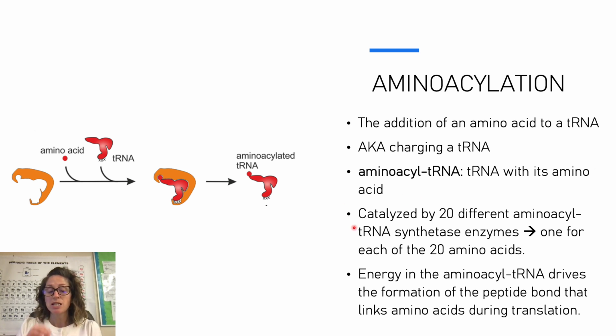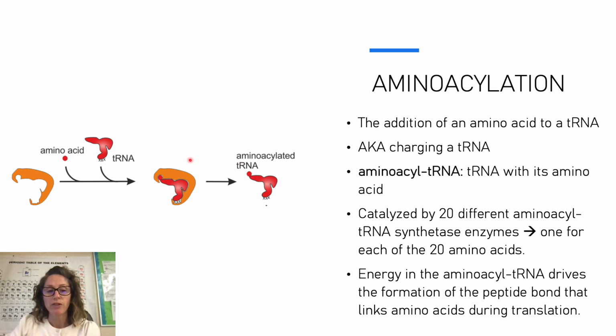So there's actually 20 different aminoacyl tRNA synthetase enzymes. There's 20 of them, one for each of the 20 amino acids. The energy in the aminoacyl formation is used for the production of the polypeptide growth.